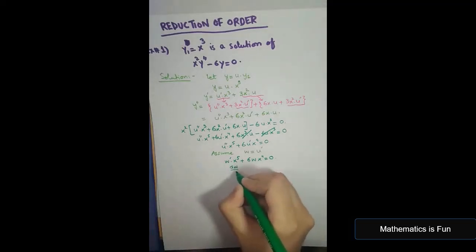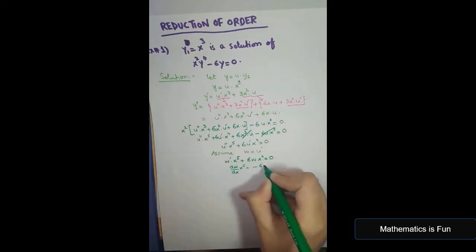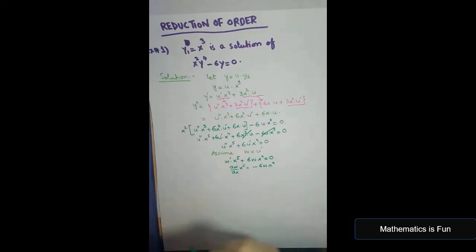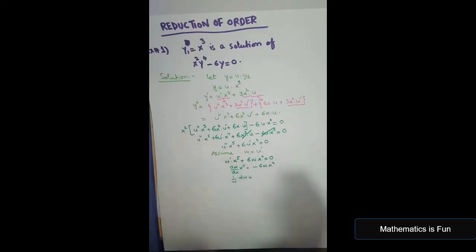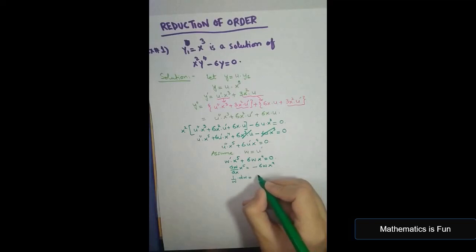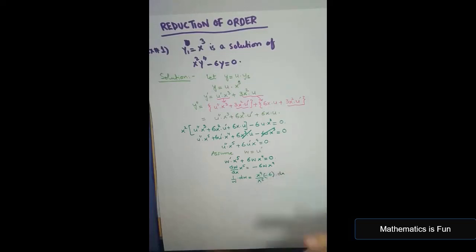So this is dw by dx equals minus 6w x to the power 4 over x to the power 5. So 1 by w dw, and combining these x terms, x to the power 4 by x to the power 5 is minus 6 dx.